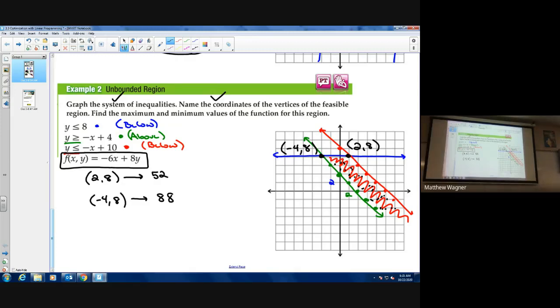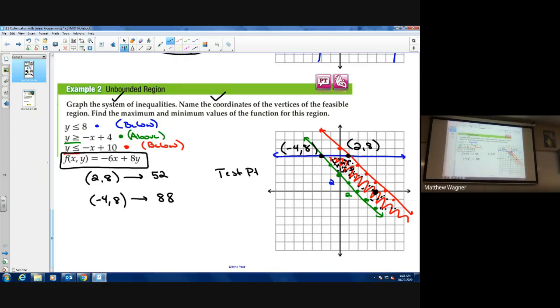The trick with testing is to move far out in your region, just to get away from those 2 points, because if you pick a point closer, you might end up between 52 and 88. And if you wind up between the two, you still don't know if 52 is the low or 88 is the high.